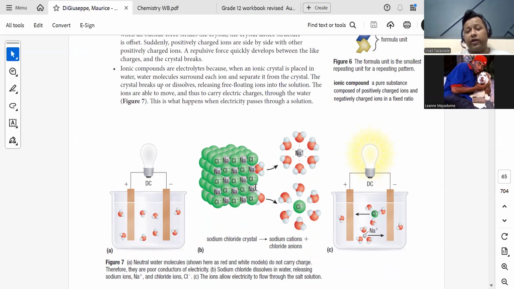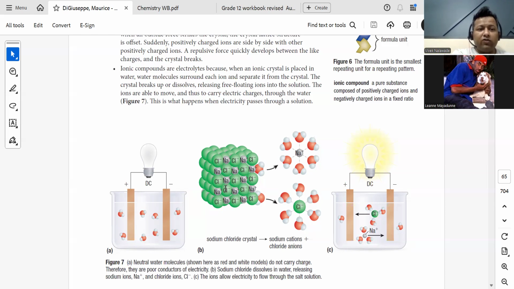Now this is trying to explain why ionic compounds can conduct electricity. We have the crystal of sodium chloride. I didn't mention this: when you have the crystal lattice, the cations, which are smaller, go and fit into the void spaces.